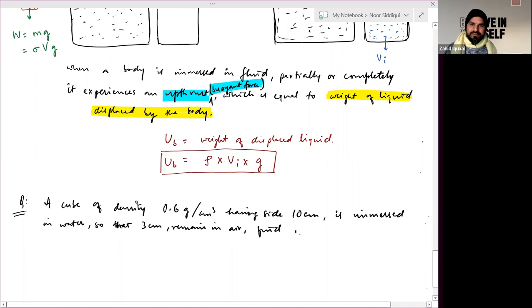Find first the weight and second the buoyant force.